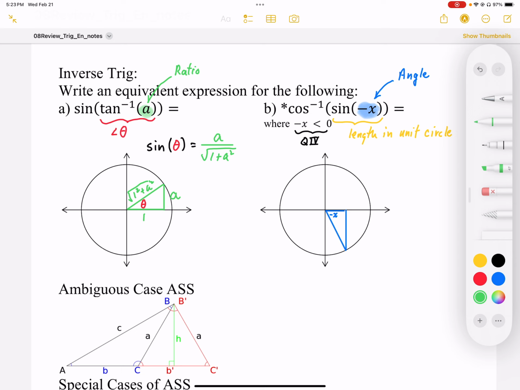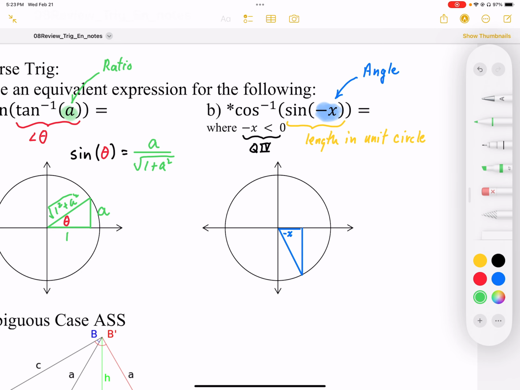Now, I've kind of arbitrarily drawn this ratio in quadrant 1. Technically, we could have done this same problem in quadrant 4, but the results would still be the same because a would then be negative, when we draw the a in the negative direction, but we still would use the same radius. And so we still get a over square root 1 plus a squared. So we just make it easier on ourselves by drawing it in quadrant 1 when possible.